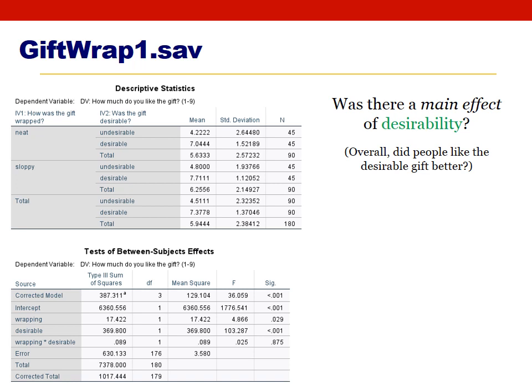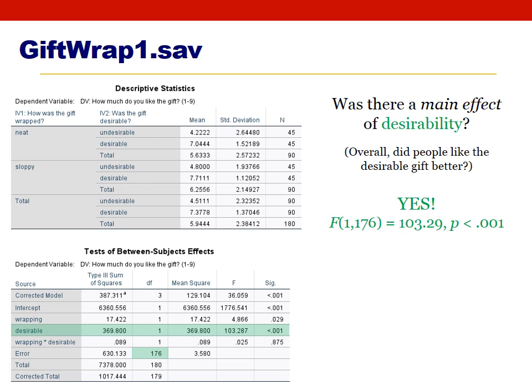As you might expect, their hypothesis was that people would like the desirable gift better than the undesirable gift. To find the main effect in the bottom table, we're going to look in the row called desirable, immediately scan over to the p-value, which here we see is very, very small. That tells us that we did find a main effect of desirability.